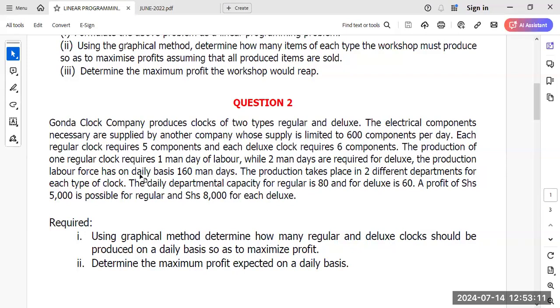Which constraint are you seeing here that is related to labor?